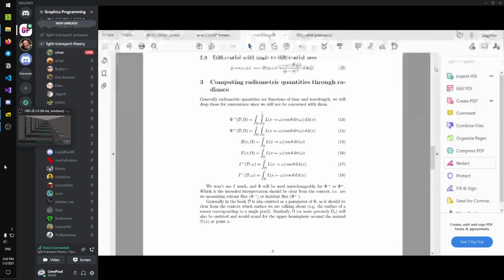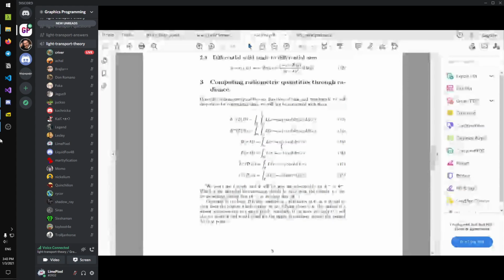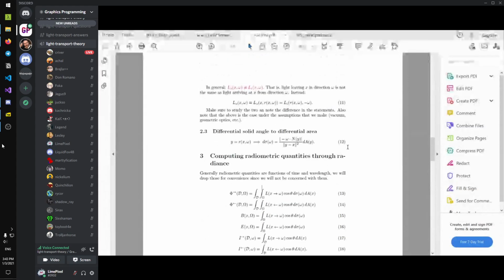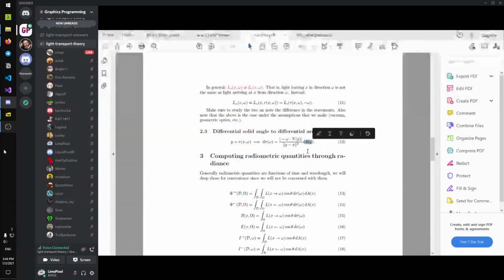And you can also see the r squared factor in the differential area to differential solid angle formulation. So what you have here in the denominator, y minus x, the distance squared. So it's only when you consider area measures.